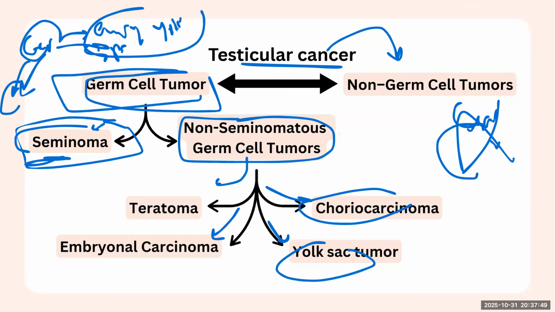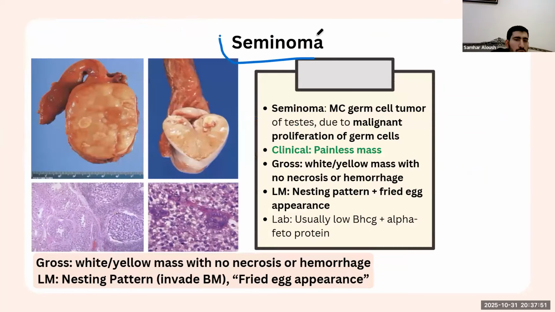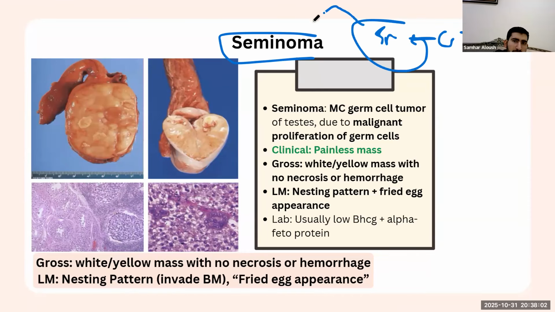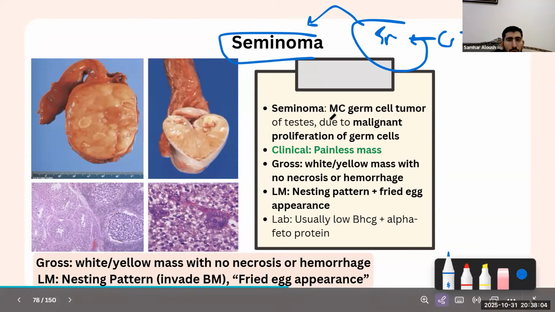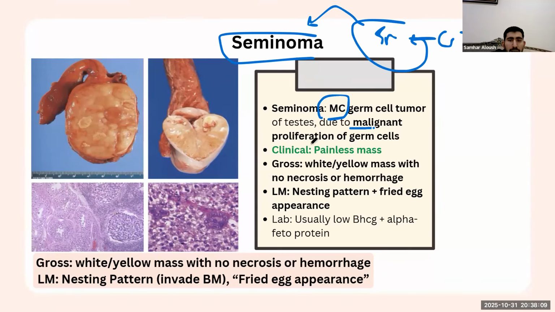Yes. Okay, let's start with the first type, and this is the most common. This is probably what you will get asked about, honestly. As we said, the germ cell may come as sperm and non-sperm. If it's a sperm and it becomes dysplastic, then it's seminoma. Seminoma is the most common germ cell tumor in the testes and is due to malignant proliferation of germ cells, specifically the sperms.